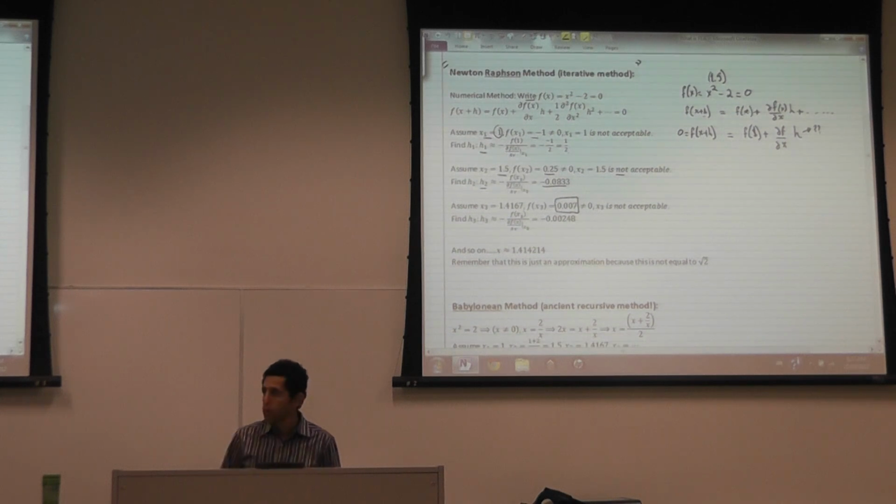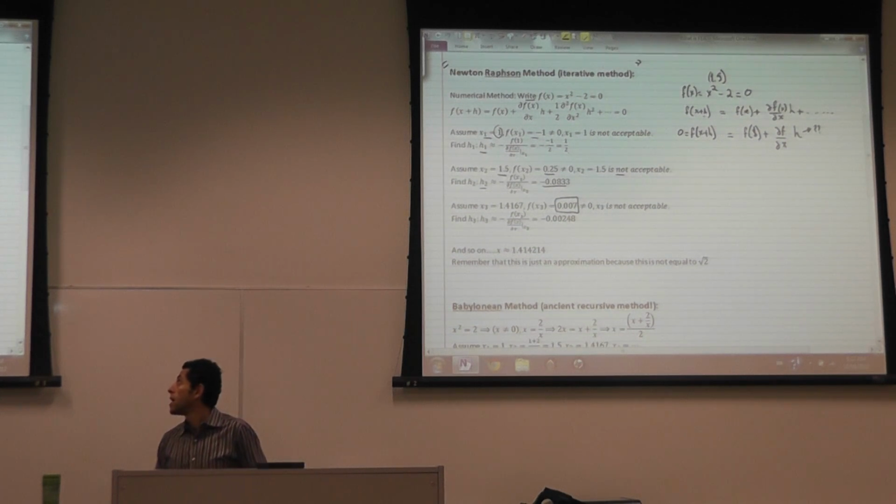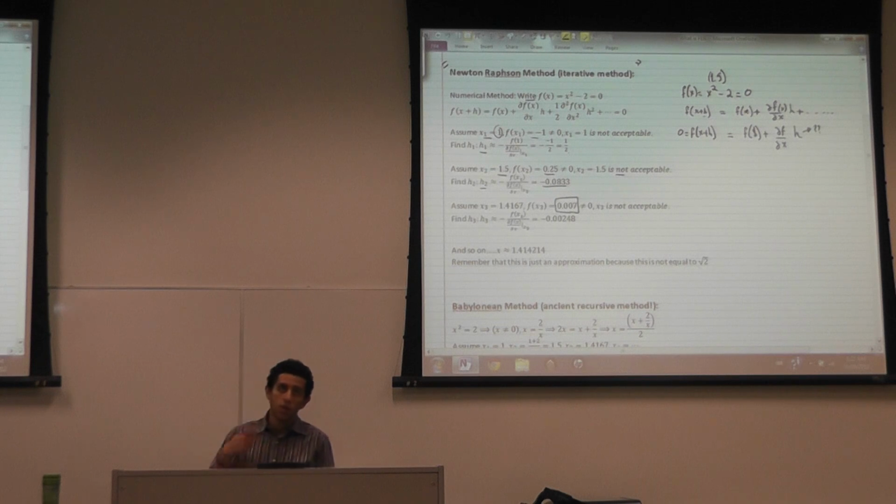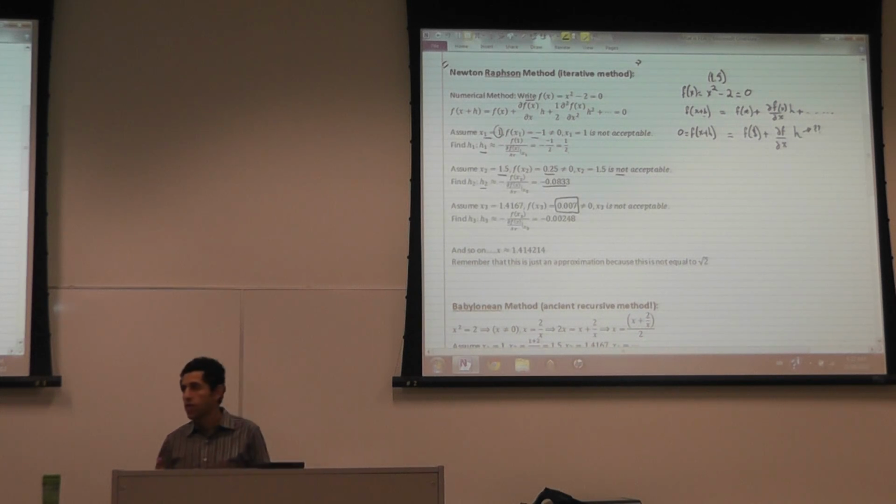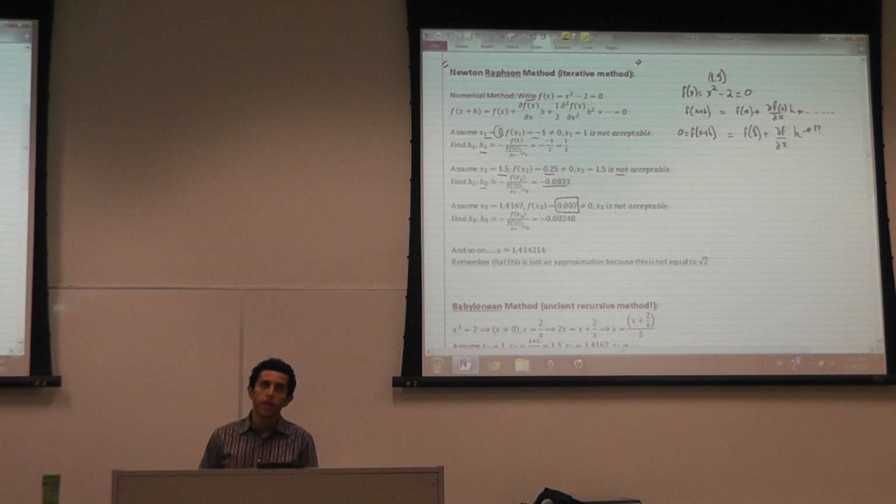Now, what we presented is called an iterative solution, where you actually assume something and you get a solution. You check, is this solution good or not? Well, it's not very good. You iterate and you do it again. There's other solutions where you can use what is referred to as recursive methods.